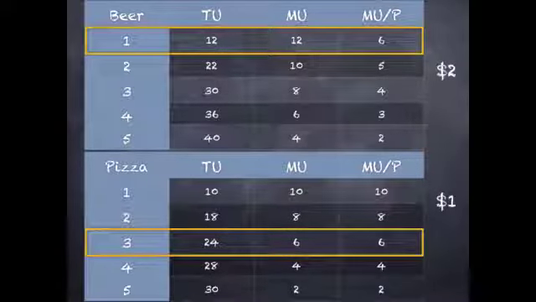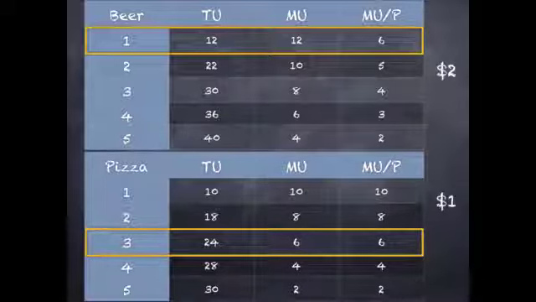Now, for utility maximization to occur, the marginal utility per dollar has to be equal across the two goods. So once you go through that table and calculate the marginal utilities per dollar for the 2 goods, you want to find the combinations where the marginal utilities per dollar are equivalent to one another.